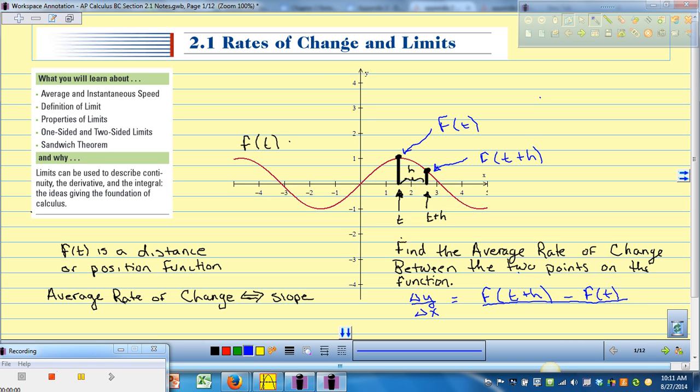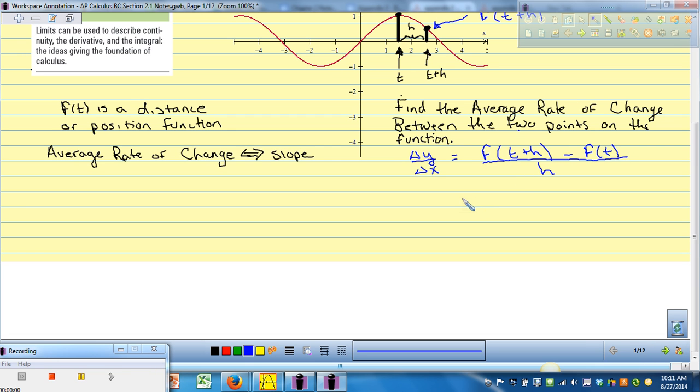But it's just equal to h. So what this is called, this is an average rate of change. It is also called the difference quotient. Sometimes you will see this called the difference quotient. It's missing one thing to be the derivative, which we'll get to in just a second.